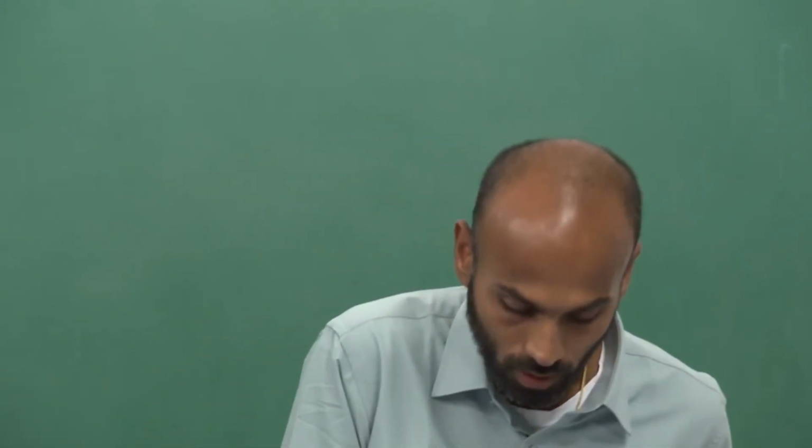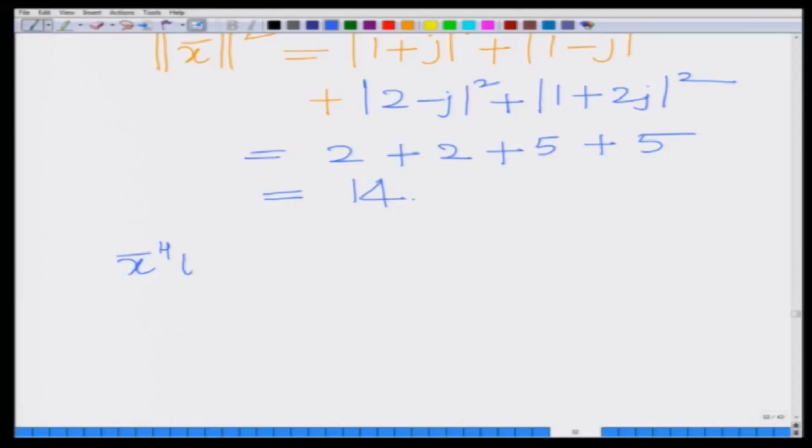Now, let us derive the other quantity, which is x bar Hermitian y bar, which is in the numerator. This is basically equal to the conjugate transpose of x, which is 1 minus j, 2 plus j and 1 minus 2j, that is, you take x bar, take the transpose of the vector, and take the conjugate of each element, because x bar Hermitian denotes the conjugate transpose of the vector.